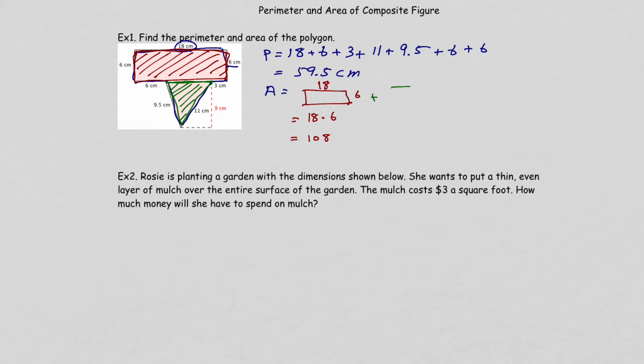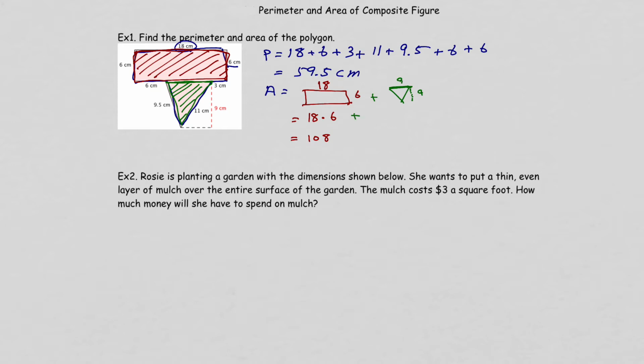And then you want to find the triangle. And remember, triangle is one half base times height. So height is whatever this is, which is going to be 9. And the base is from 18, you're going to subtract 6 and 3. So you're subtracting 9. So base is going to be 9.